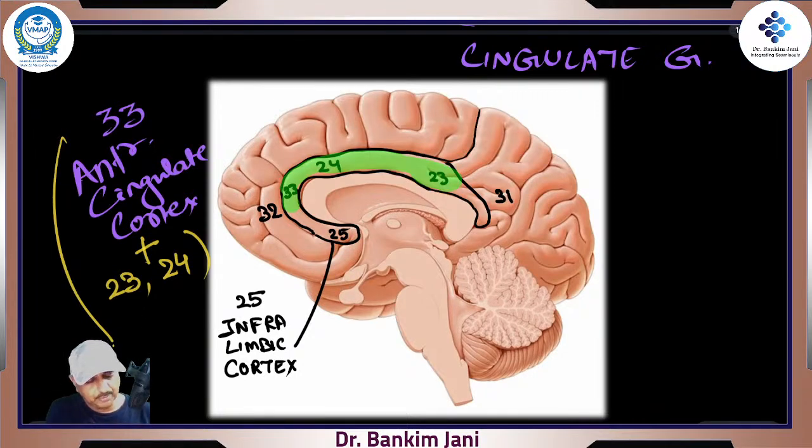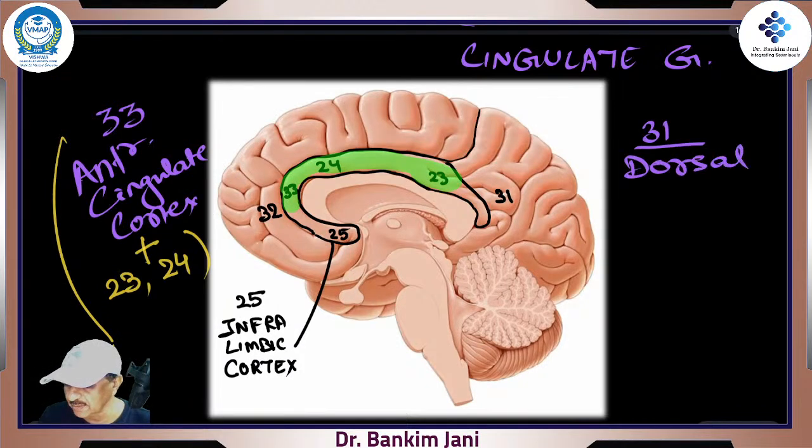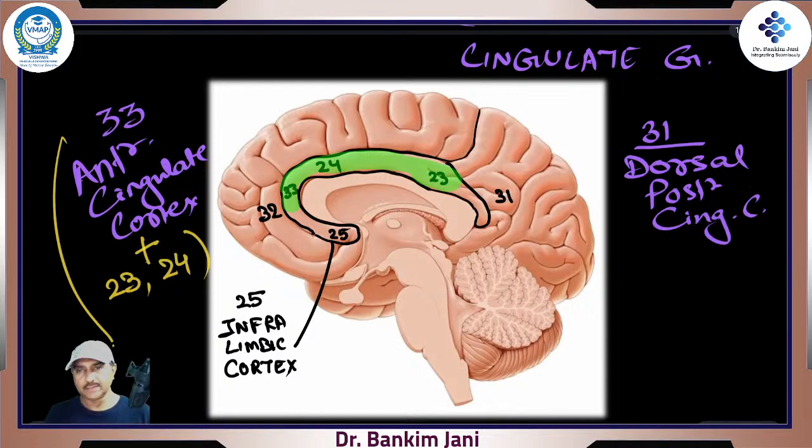We have talked about anterior cingulate, and about dorsal anterior and dorsal posterior. 31 was the dorsal posterior cingulate cortex. If that is dorsal posterior cingulate cortex, then where is the posterior cingulate cortex?